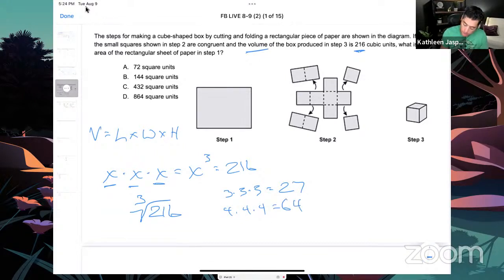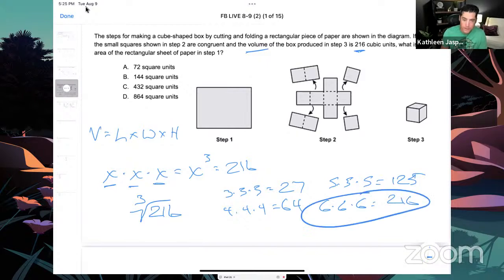Nope, that's not going to work. 5 times 5 times 5 is equal to 125. Not going to work. 6 times 6 times 6 is equal to 216. Oh, bingo, right there. So what does that mean? That means our dimension is going to be 6. Okay. So it's just trial and error at this point.